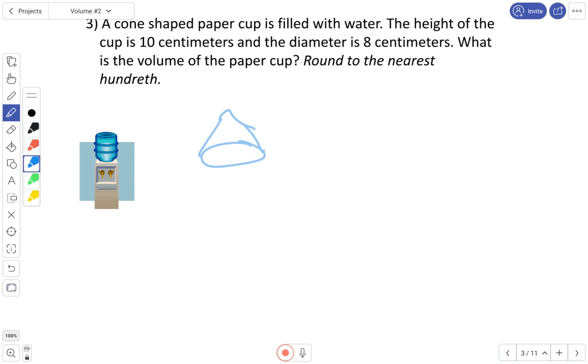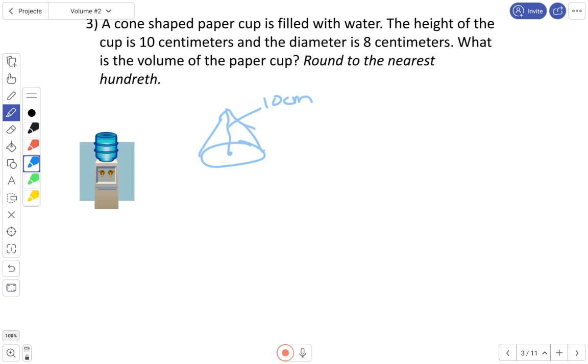All right, it says that the height of the cup is 10 centimeters. So when I'm talking about this cup, I'm talking about this cone, I know the height is going from the center of my cone up to the point, and that is 10 centimeters. And the diameter is 8 centimeters.